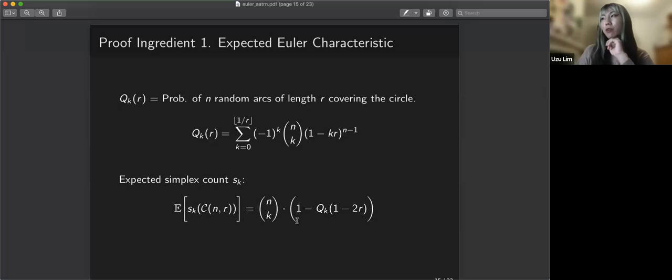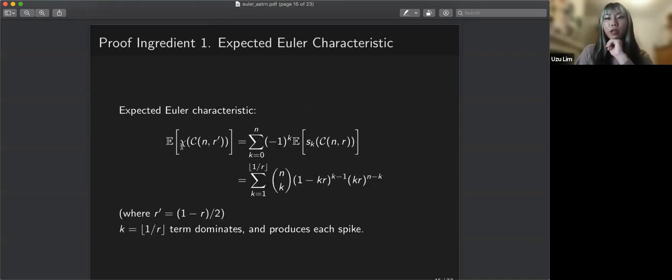And by De Morgan's law, these arcs intersect non-trivially if and only if their complement arcs don't cover the circle. The point is that it can be reduced back to Q, and that's exactly what this is. So you can do simplex count this way.